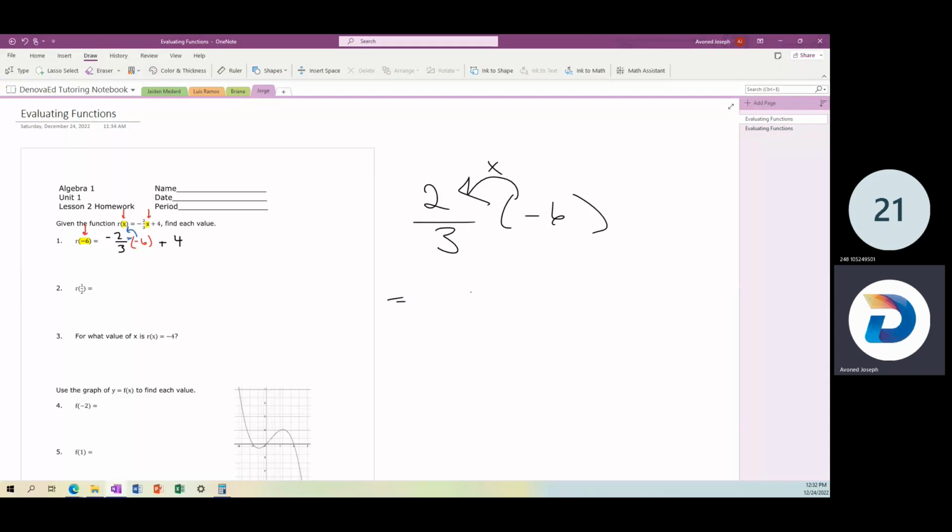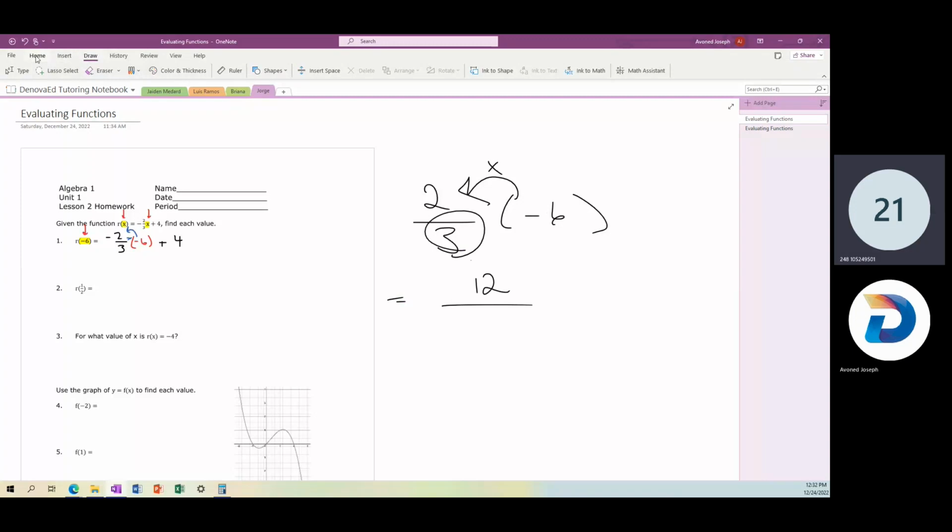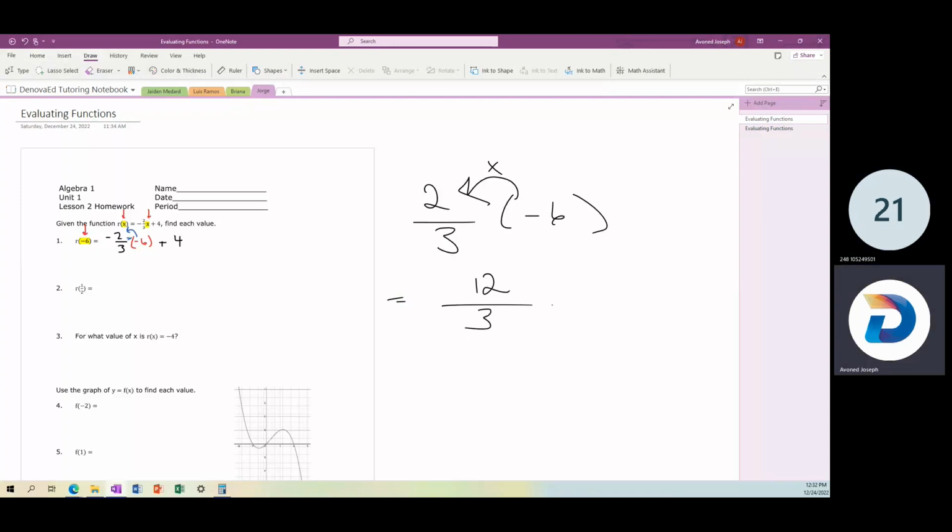So this fraction then changes to 12. What was my denominator? 3. So that's 12 over 3, which is the same as saying 12 divided by 3, which is equal to what? 4, right? Okay, great.